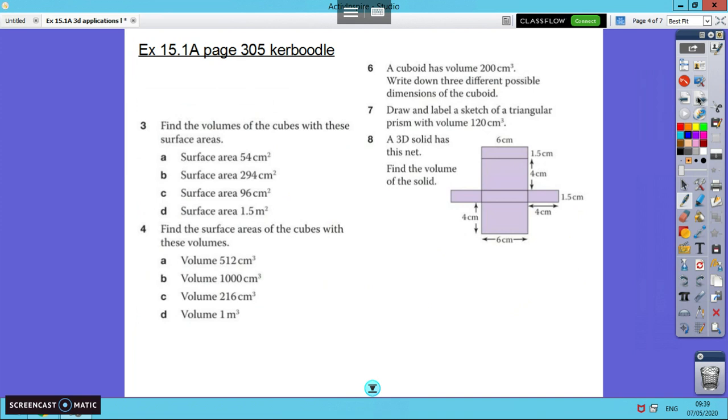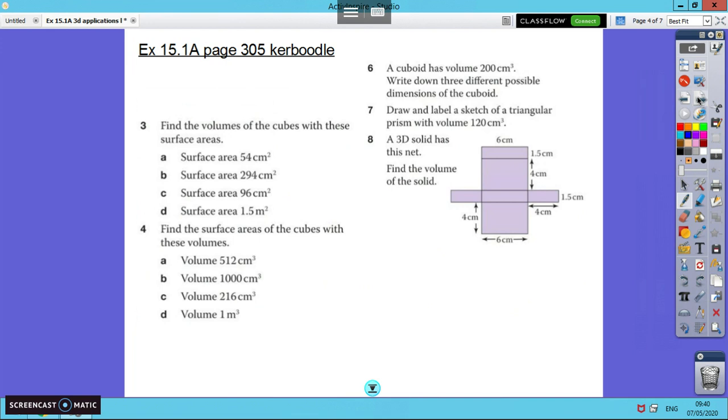Now I think you can only do it with cubes in this case when you're given no dimensions, as long as you're given one of the surface areas or one of the volumes. You can't really do it with any other prism or anything like that, so it would mostly be cubes. If they ask you to do it with any sort of prisms, they'd have to give you more information if they wanted you to do it with a cuboid or a triangular prism, etc.